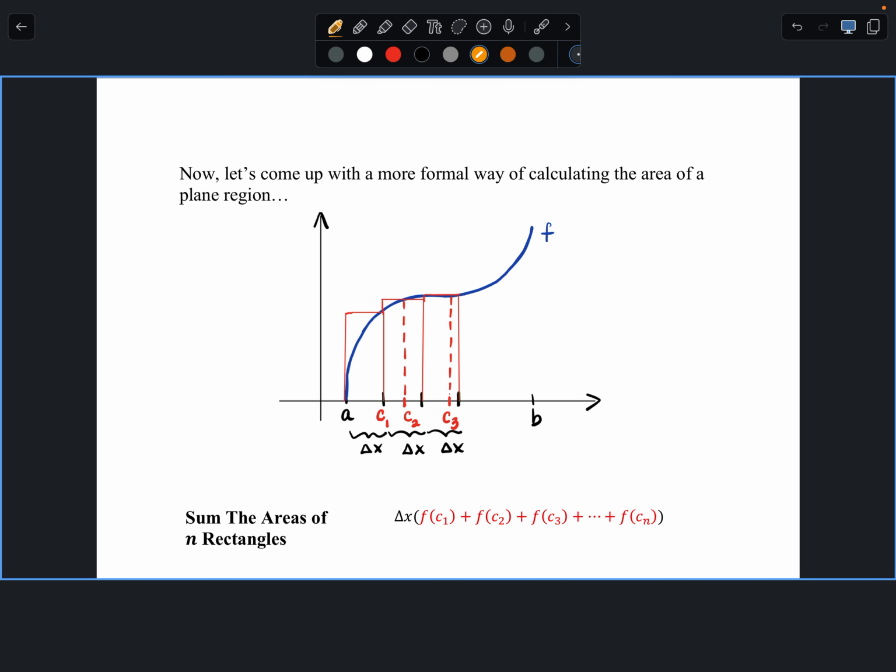Therefore, this limit would also have to end up being equal to the actual area, by the squeeze theorem.